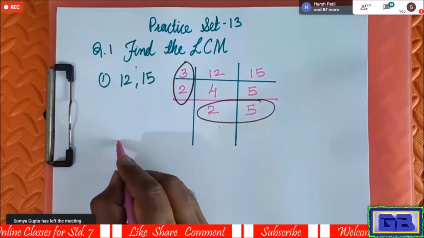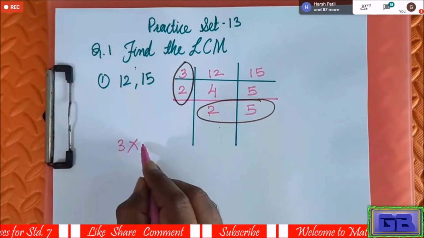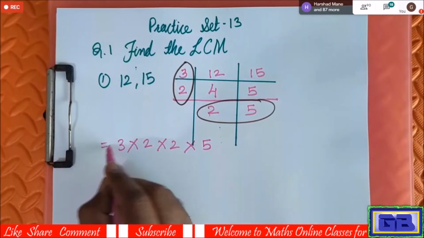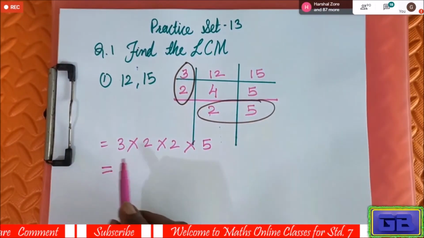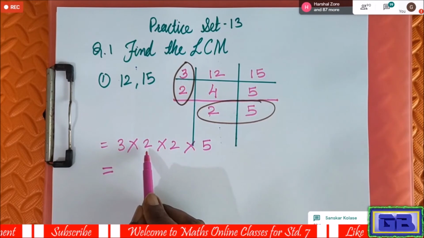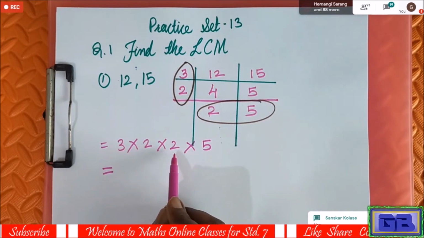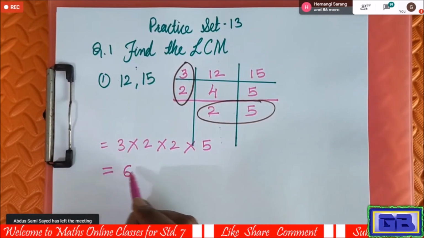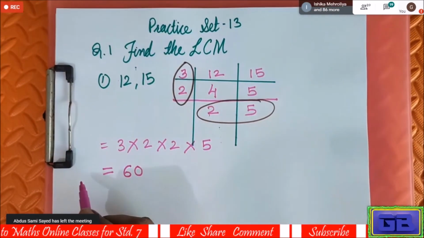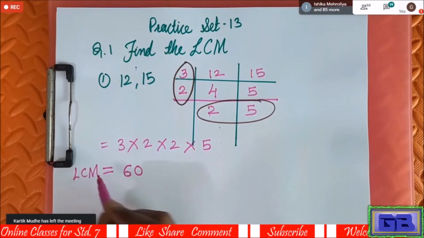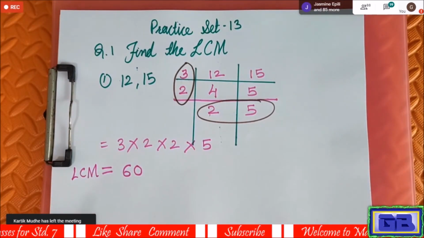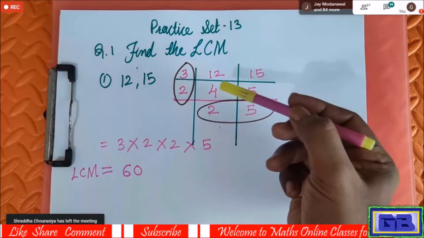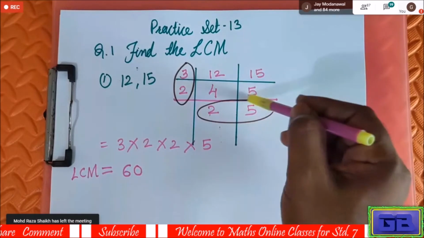Take here 3 into 2 into 2 into 5. Multiply these numbers. 3 2s are 6, 6 2s are 12, 12 5s are 60. Correct. So you have to write LCM equals 60. This is the easiest method, but to do it like this you have to practice more and more.